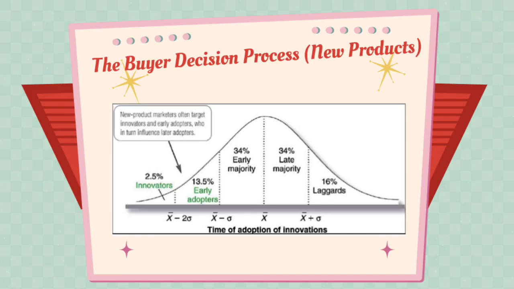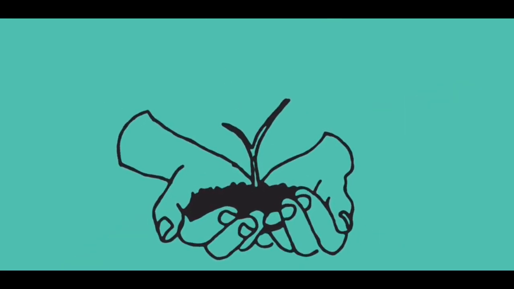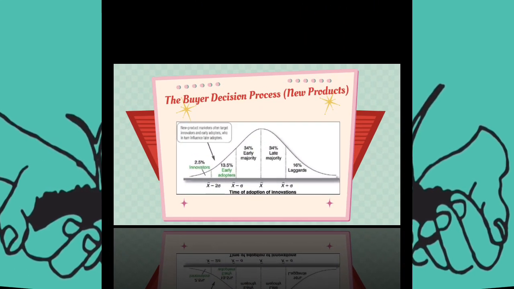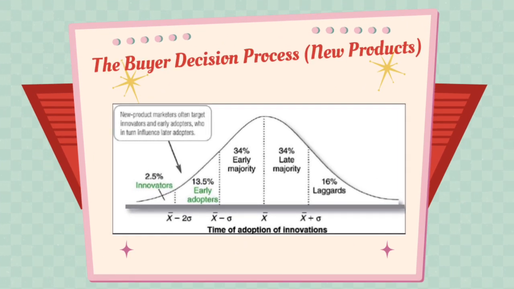The second type is the early adopters. They tend to be integrated into the local social system more than innovators, and they are usually respected by peers and have a reputation for successful and discreet use of ideas. The third type is the early majority.